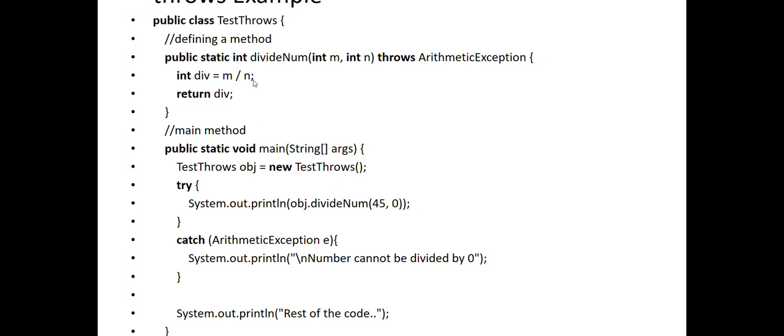So 45 divided by 0 is not possible. That's why try catches that exception thrown by divideNum and gives it to the catch. The catch handles that ArithmeticException, prints the output number cannot be divided by 0, and then prints rest of the code.